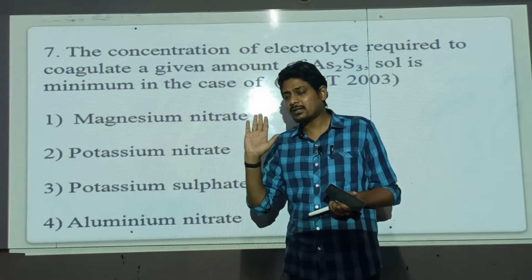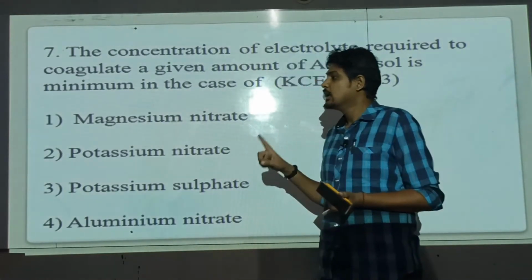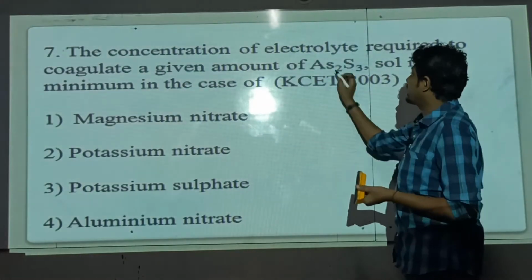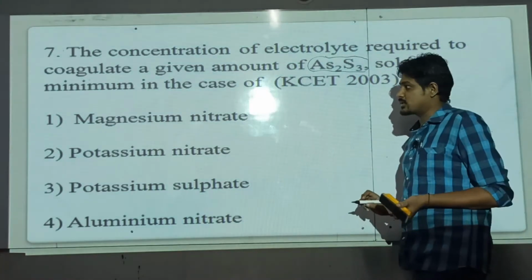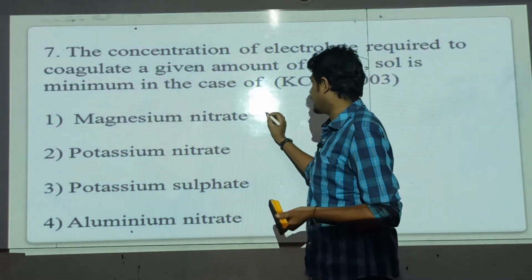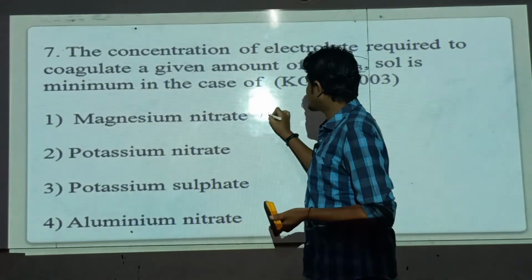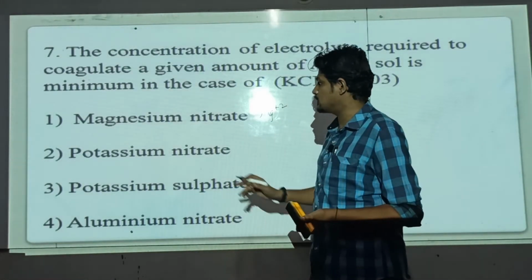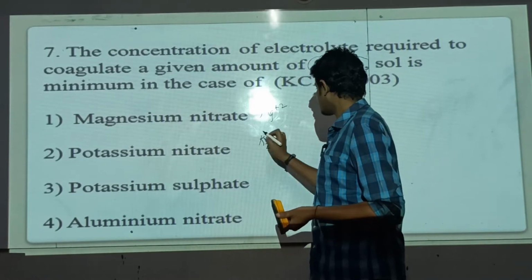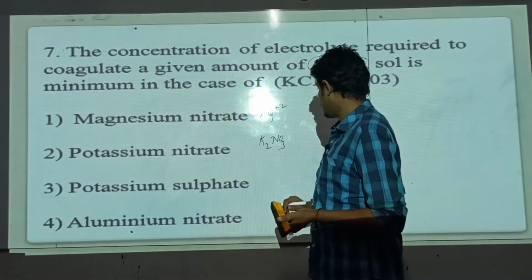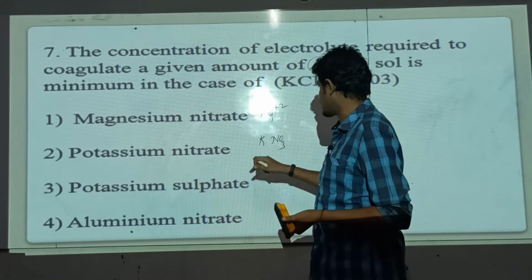Now they are asking about arsenious sulfide, which is a negatively charged sol. Magnesium nitrate: magnesium gives a +2 charge. Potassium nitrate, KNO3.